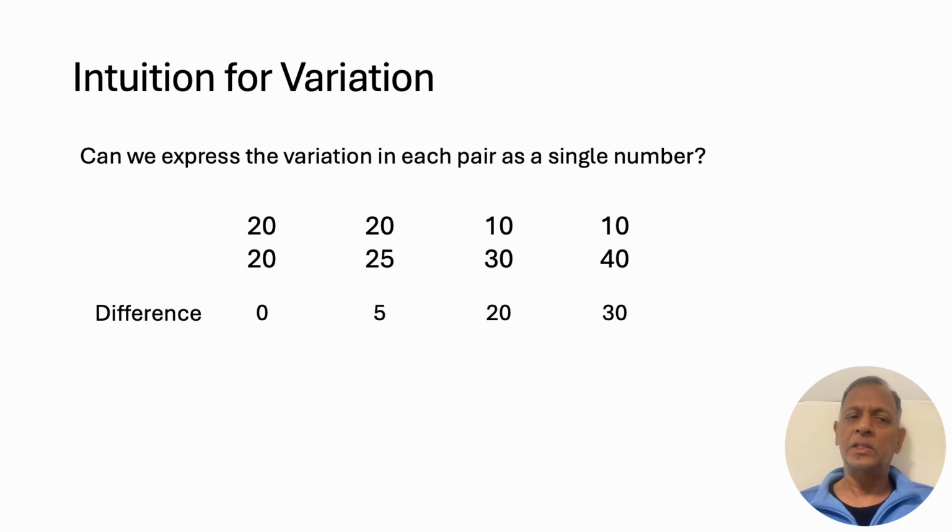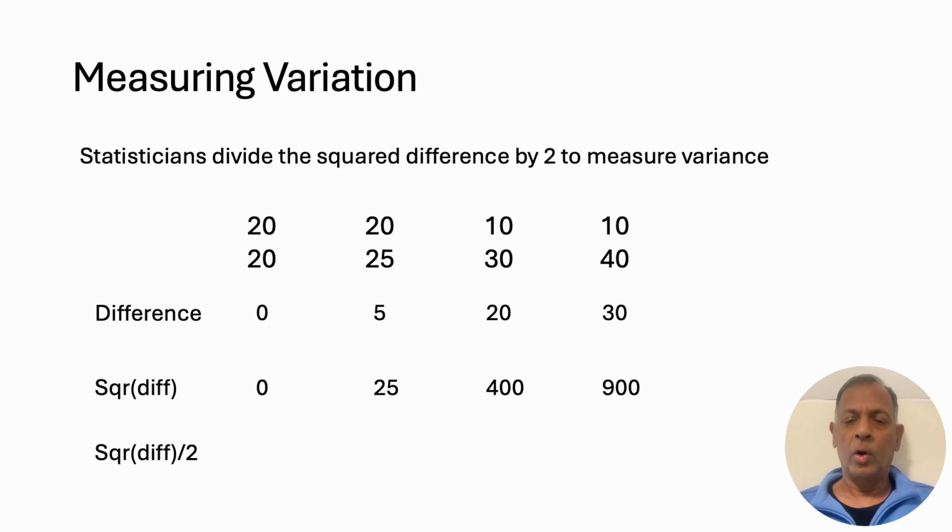Now in statistics, it is common to not just compute the variation as the difference, but to treat it as the square of the difference. Why is that? Often when you calculate differences, some may be positive and some negative, and when you square them, the negatives go away and all become positive numbers. There's also another deeper statistical reason why we are interested in the square rather than the absolute difference.